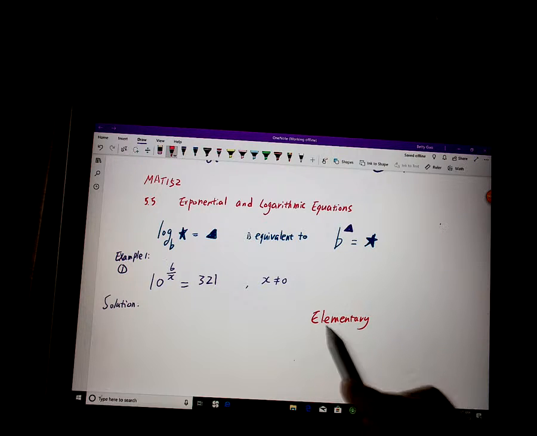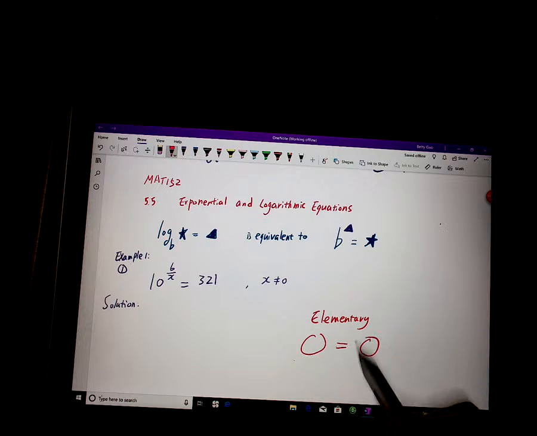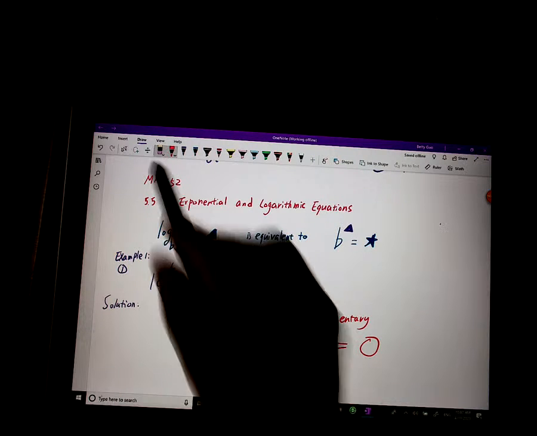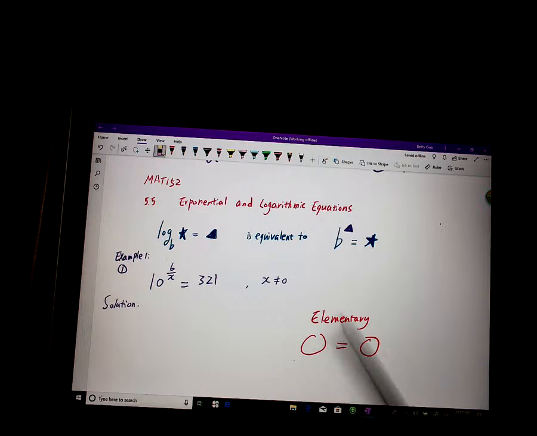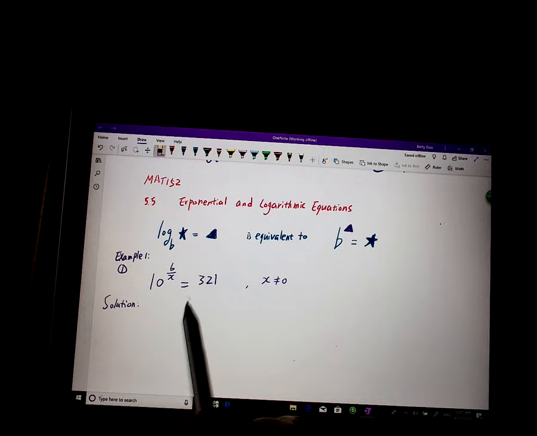What kind of equation is an elementary exponential equation? When both sides of the equation could be written as powers of the same base. Technically, this kind of equation could also be written as powers of the same base. However, it's not very convenient or straightforward. So this is not an elementary exponential equation.